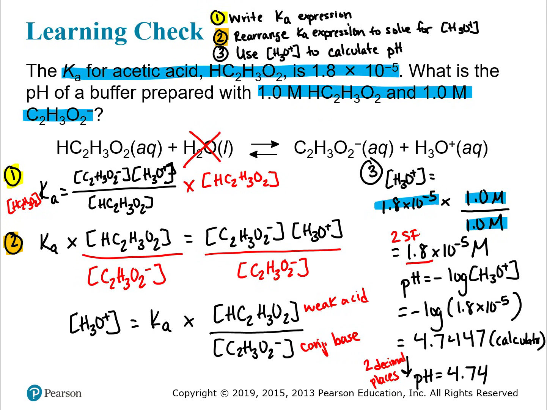Your final answer should be 4.74 for the pH. Now, like I said, you don't have to do the rearranging like I did to find this expression for the hydronium concentration. You can just remember how it's supposed to be arranged and write it out.